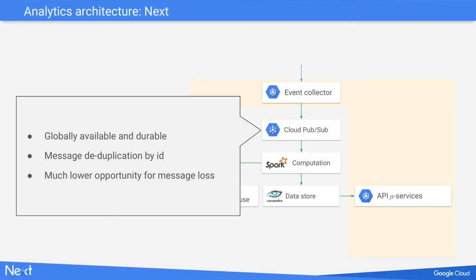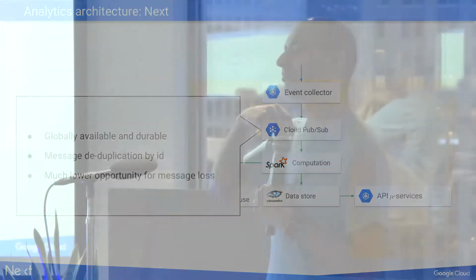Next step is Kafka. So we looked around and we found that Google Cloud PubSub was a good replacement. It's a globally available service. Running a Kafka cluster means that you have to run a Zookeeper cluster.